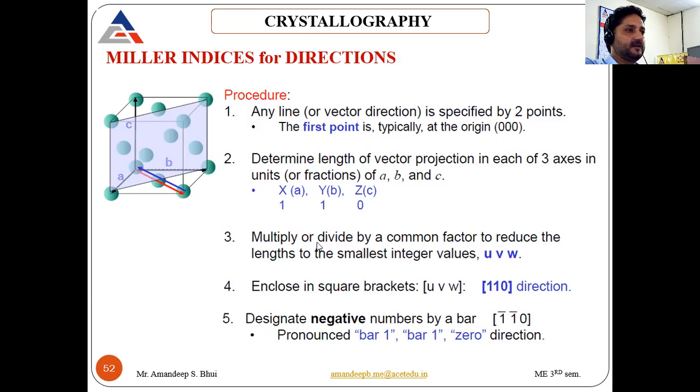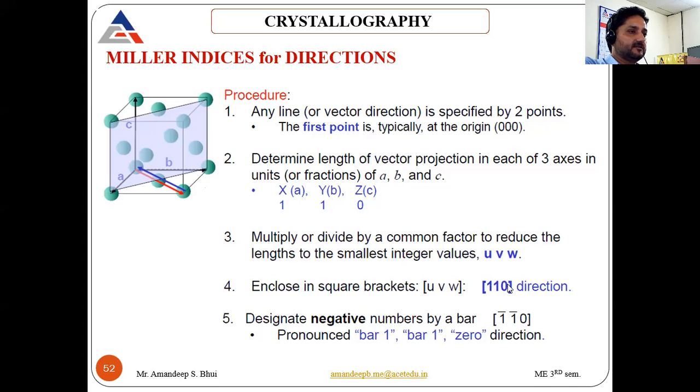Now multiply or divide by a common factor to reduce the length to the smallest integer value. Here this is already the smallest integer value. So in this case, we will enclose this in square brackets, and this will become the Miller indices for the direction of the atom, that is this atom here. So direction of the atom is 1 1 0.